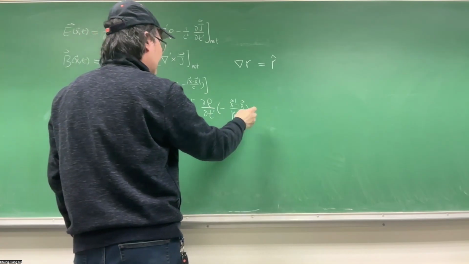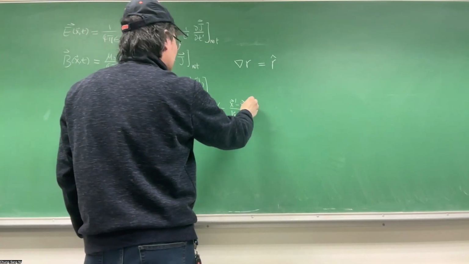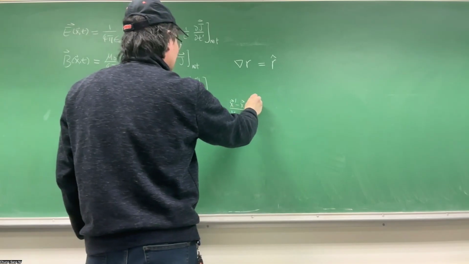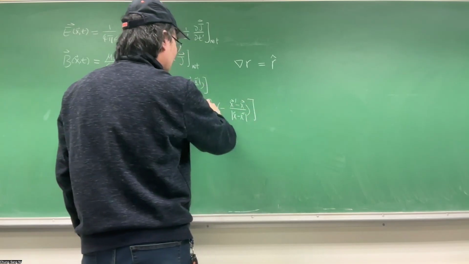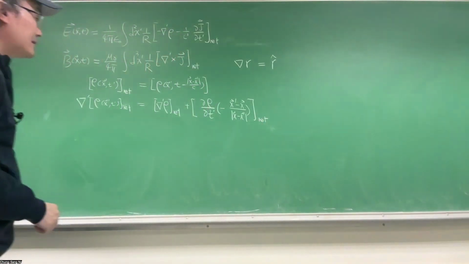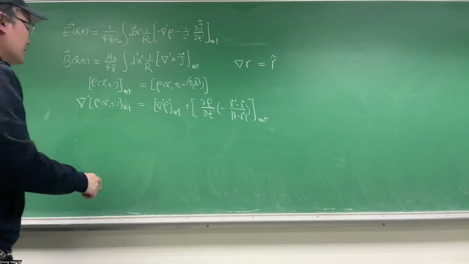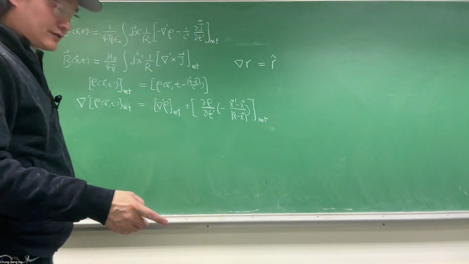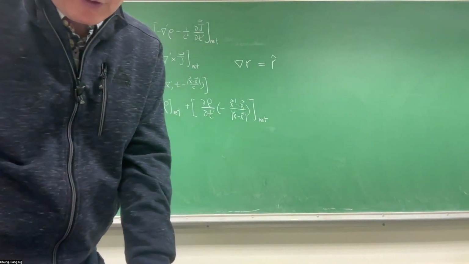Okay, and then that's it. And then the t prime is still in here, so put it in the retarded. Okay. And now you can get Jackson's formula by reversing the order.